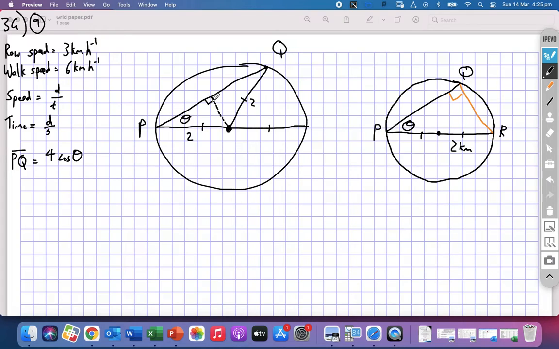So if I split it down the middle, I get a right angle. Now that's my adjacent. Adjacent equals cos theta times hypotenuse. So it would be 2 cos theta. So just this distance in here, that's 2 cos theta. That distance there's the same. And then you could have put the two cos thetas together to get the 4 cos theta.